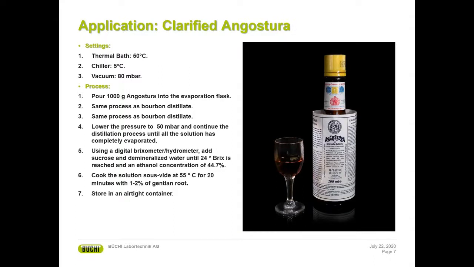We calculate the amount of gentian based on our palate, so we wanted to recreate a lovely bittering flavor just using 1 up to 2% of gentian root. The cooking process with gentian gives the distillate a pale yellow color, which is absolutely not visible to the human eye when the clarified old-fashioned is served to our guests.